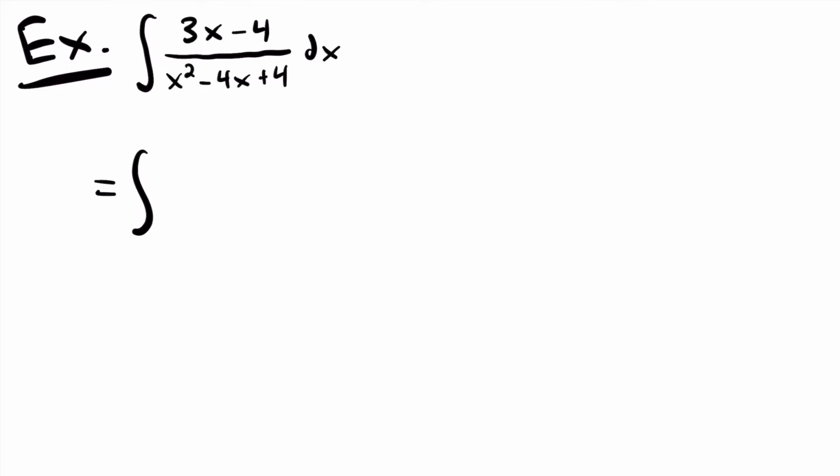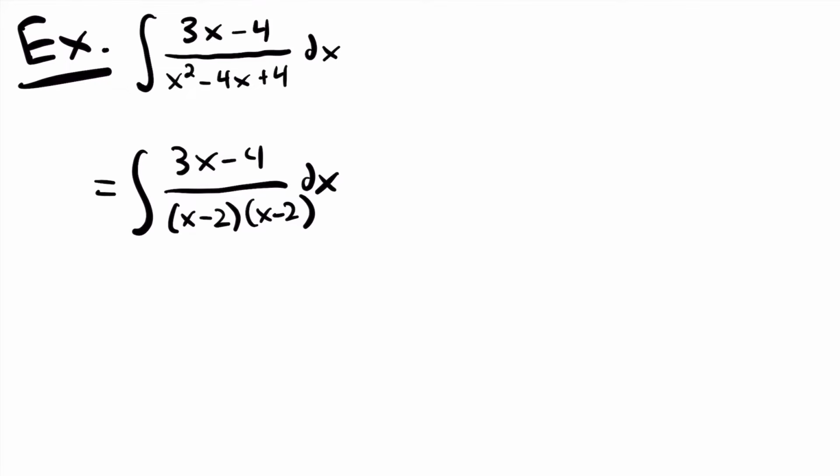This will be equal to the integral of 3x minus 4 divided by x minus 2 times x minus 2. Right? Negative 2 times itself is positive 4, and negative 2 plus negative 2 is negative 4. All right? And then don't forget your dx. But then notice that in the denominator, we have this same factor twice.